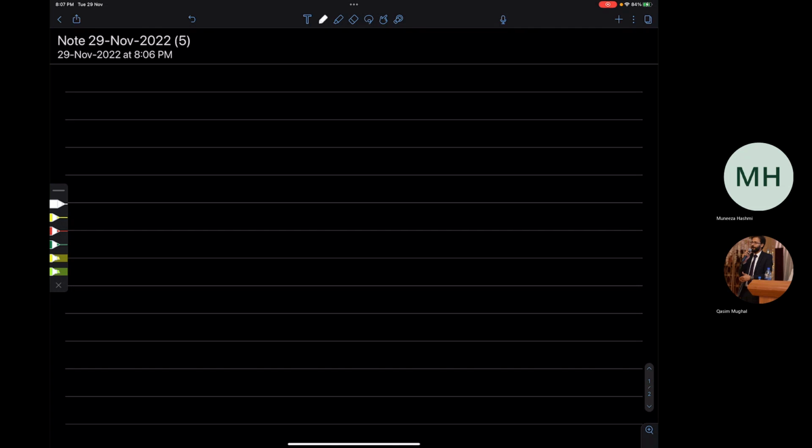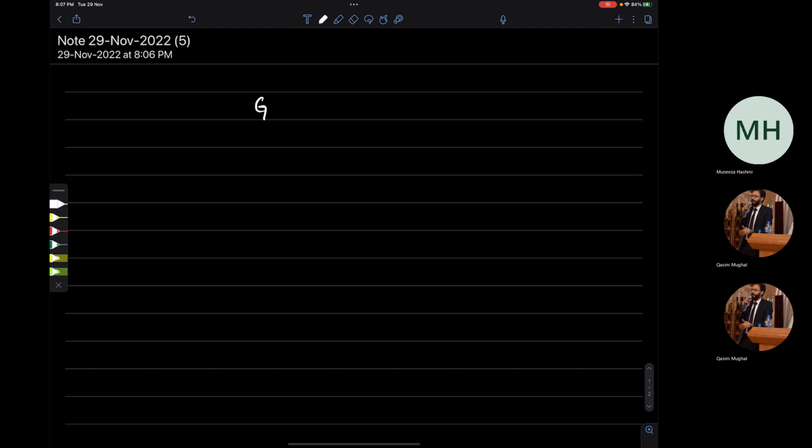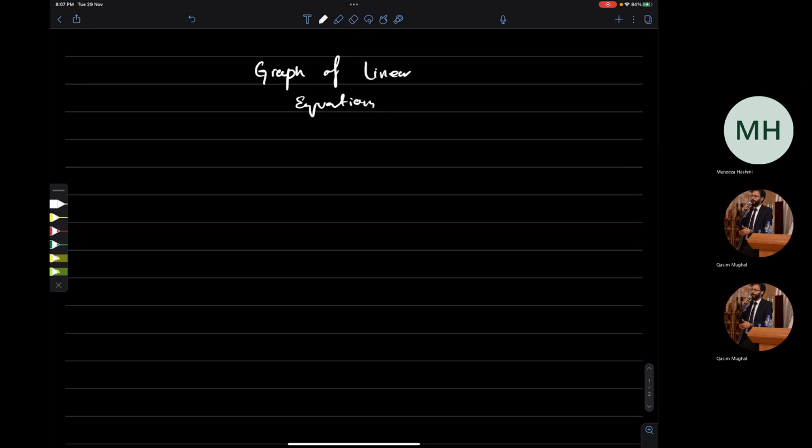All right. So, graph of linear equations. You're already aware of the standard format of a straight line equation, which is y equals mx plus c, isn't it?